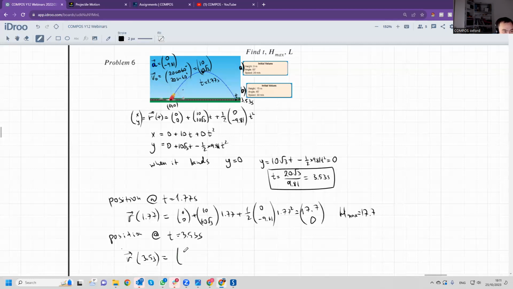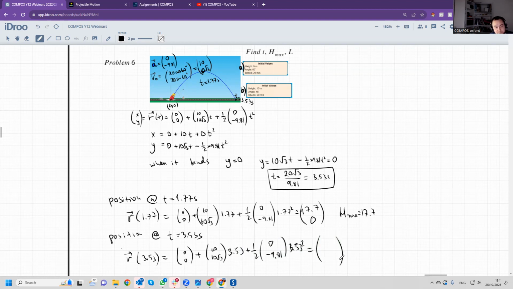And here you do the same thing. It's 0, 0 plus 10 root 3 multiplied by 3.53 plus 1/2, 0 minus 9.81, 3.53 squared.